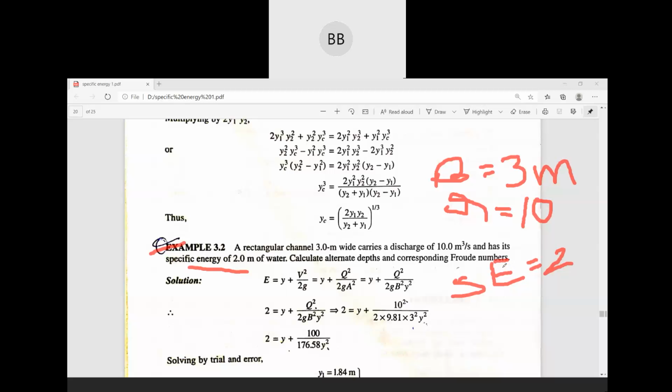So we have to find out the y1 and y2 for that particular specific energy, because we all know for a specific energy we will be having two depths, and those two depths are called alternate depths. One is in supercritical and one is in subcritical flow. So we have to find out those two depths in this numerical, and then we have to find out the Froude number.